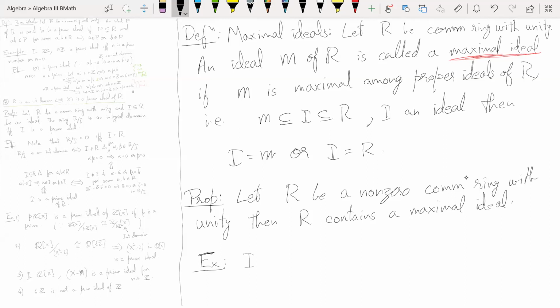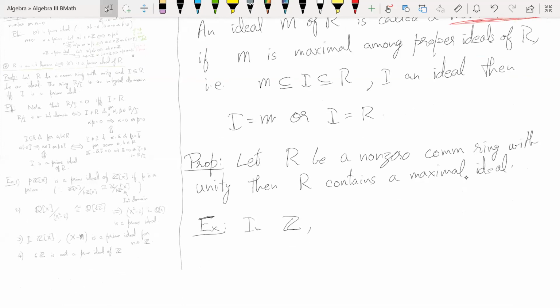So in Z, of course, the zero ideal is not going to be a maximal ideal, because pretty much any ideal nZ with n not equal to 1 will be an ideal between the zero ideal and R. But what about pZ?